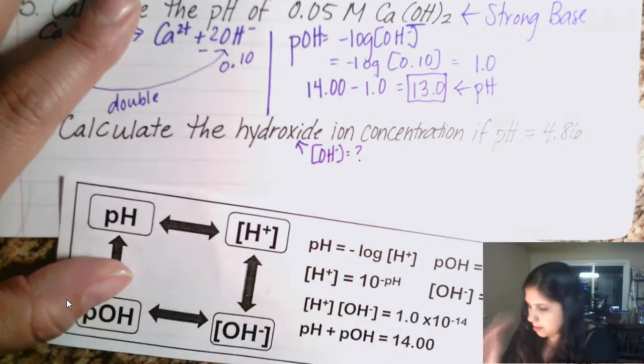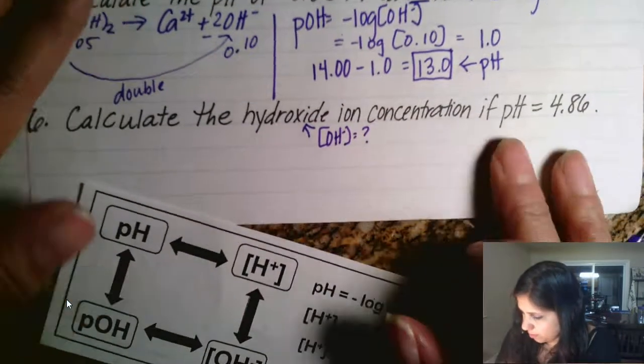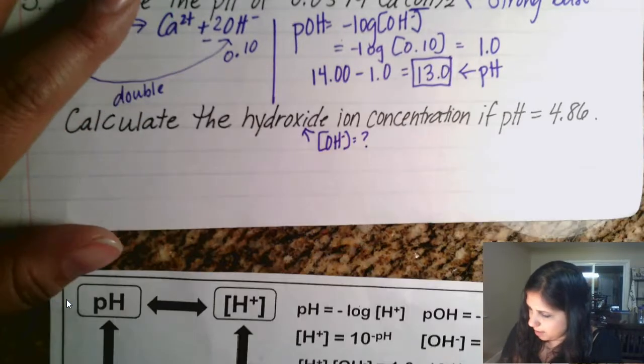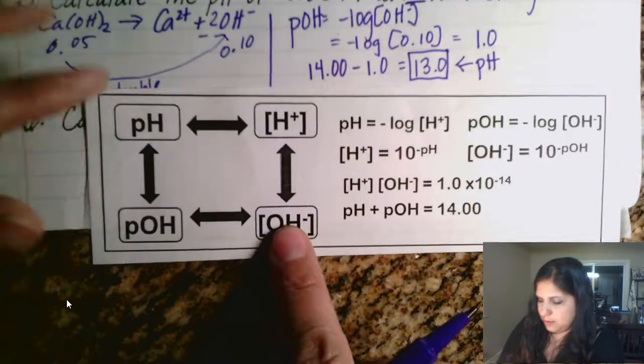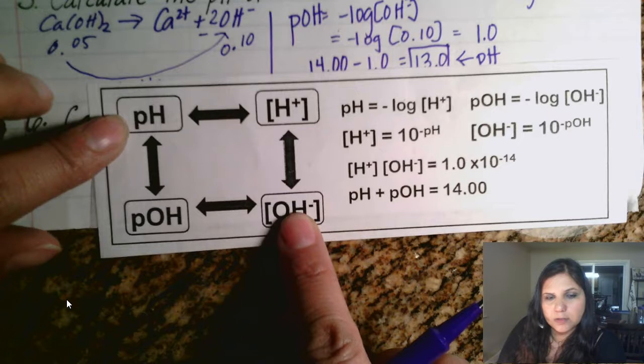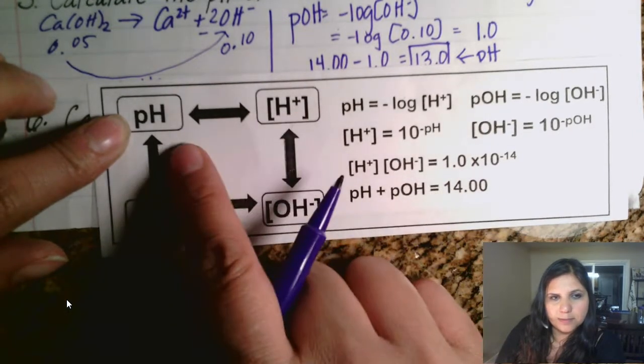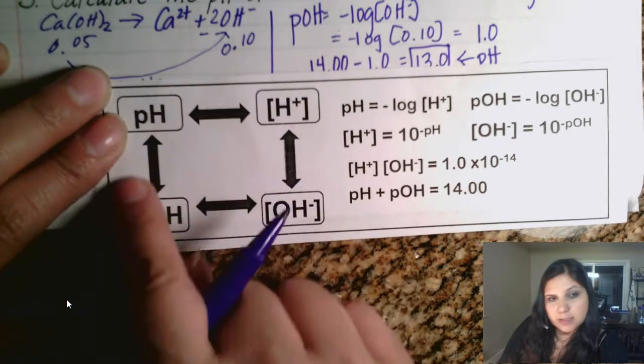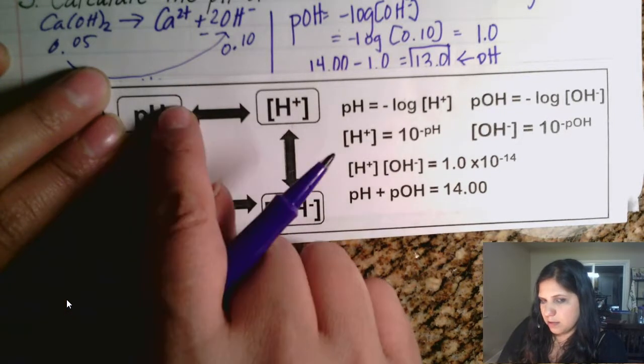Oh, that's OH minus. That's what we're trying to find. Okay, so we want this and we have this. So here and here. So we could go up and over, or we could go across and up. Remember I said going through here is easier, so we're going to go this way and this way.